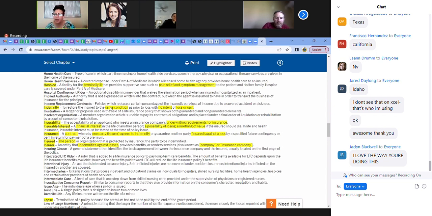Here's what happens in indemnify. The insurance company, that one party, is bringing you back to the same condition before the incident, before the loss, with no intent of loss or gain. So the insurer says, no, we're not going to give you more than what it's worth, but we're also not going to make you lose any value.